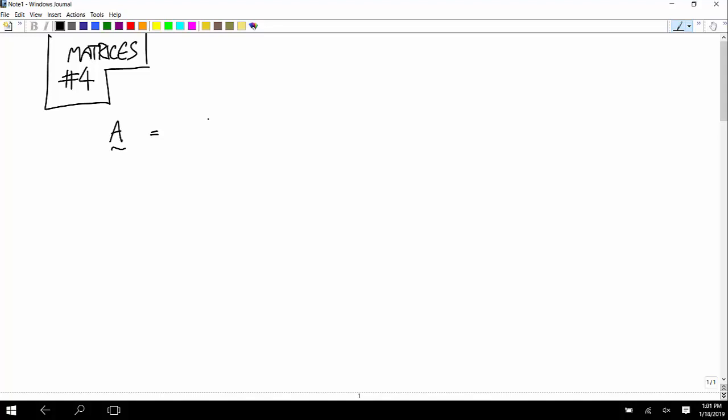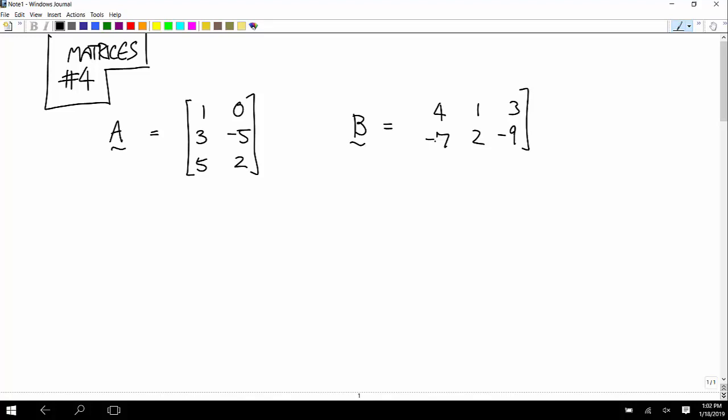Okay, so A is 1, 0, 3, negative 5, 5, 2. And B is 4, 1, 3, negative 7, 2, negative 9. And we're supposed to give the sizes of them.